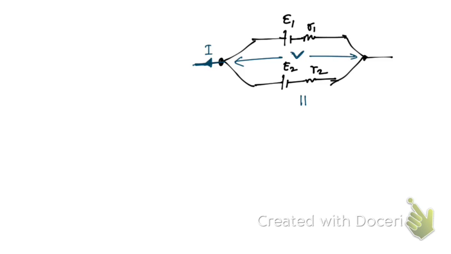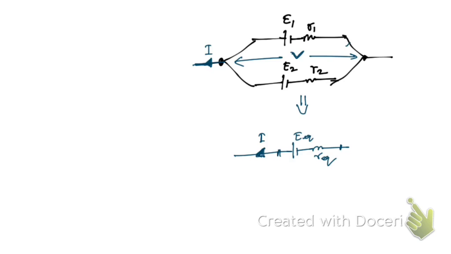Let me draw an equivalent circuit. Instead of two cells, we have one cell. Suppose this is E equivalent and this is R equivalent. The same current passes through this circuit, and the same terminal potential difference, right?